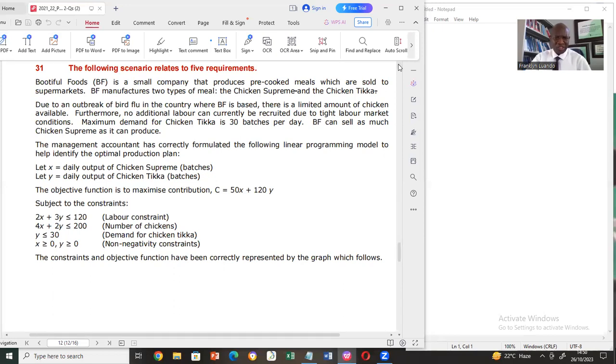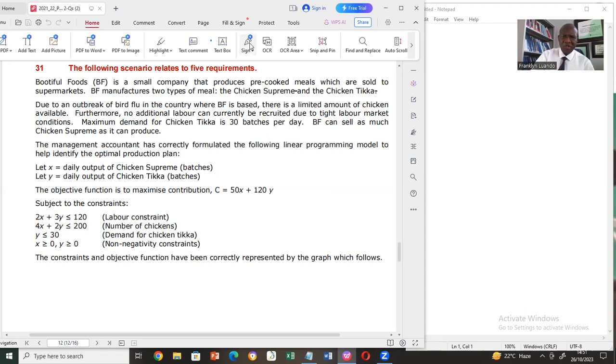The management accountant has currently formulated the following linear programming model to help identify the optimal production plan. Let x be the daily output of chicken supreme batches. Let y be the daily output of chicken tikka batches. The objective function is to maximize contribution, and it is very important.